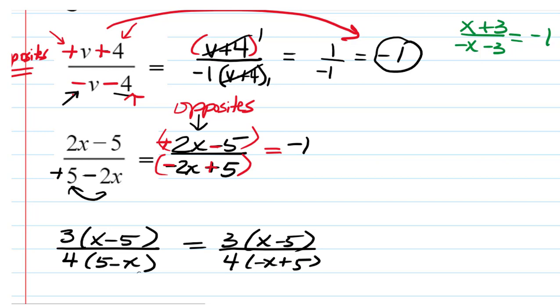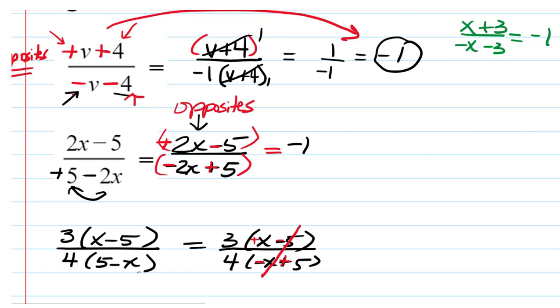So they're not the same factor. They can't divide to be 1, but are they opposites? Yes. In the numerator, we have a positive x, in the denominator, negative. In the numerator, we have a -5, in the denominator, positive. All the terms are opposites. So we know that they're going to divide out to leave us with -1.